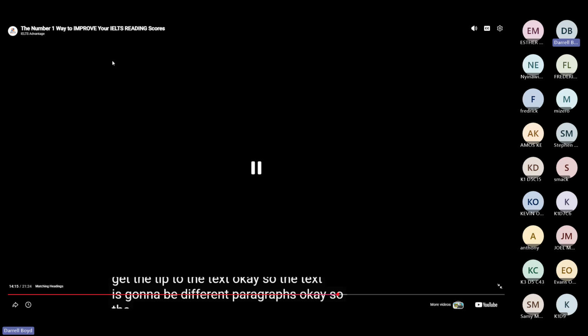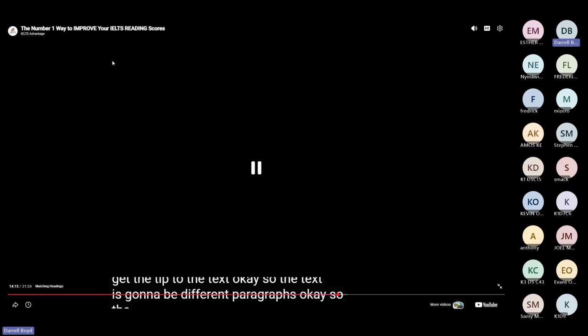What you should do is then read these and do not skim them too quickly, okay? If you skim too quickly, you've just wasted your time because you haven't really learned anything. You haven't really looked at the meaning, the general meaning of these. So read these quite carefully, not in too much detail, you don't want to waste your time, but quite carefully.